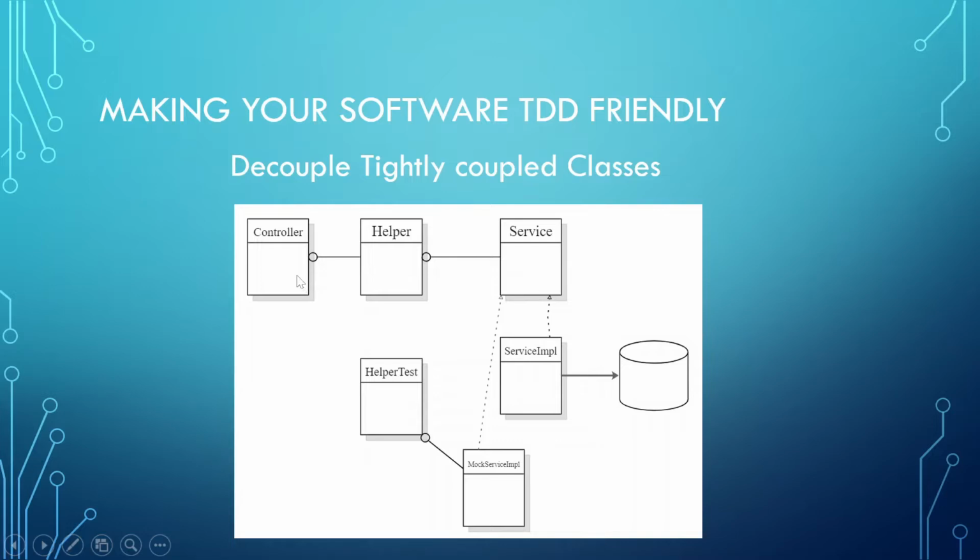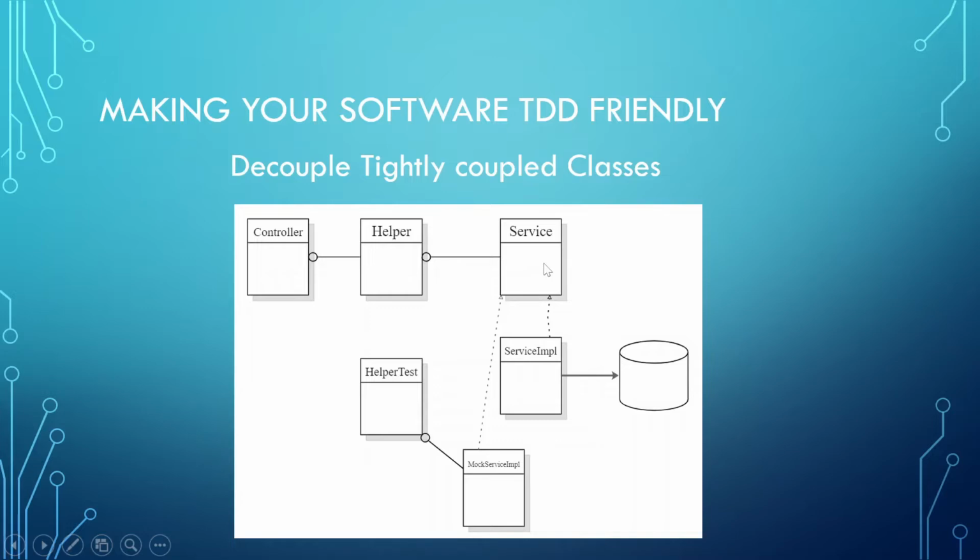Another technique that we also do is we keep the code inside the service and inside the controller so simple that it basically leads to testing the code in the helper class. We do not put data changing code in the service, and we do not put data changing code in the controller.